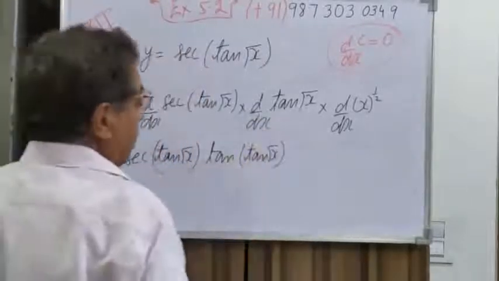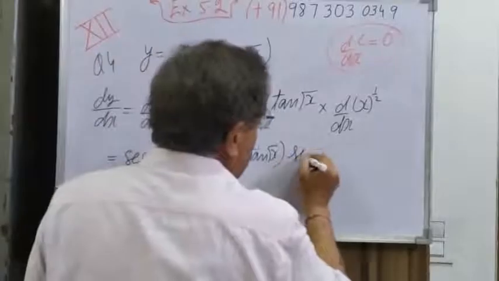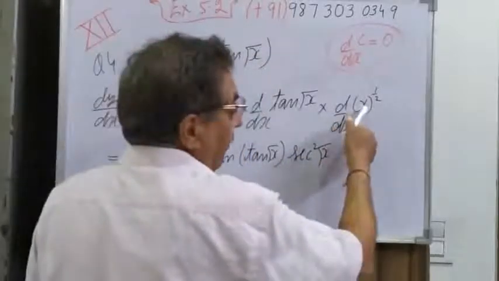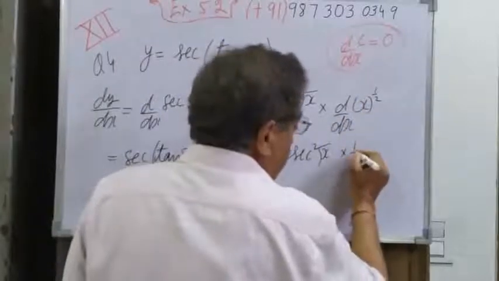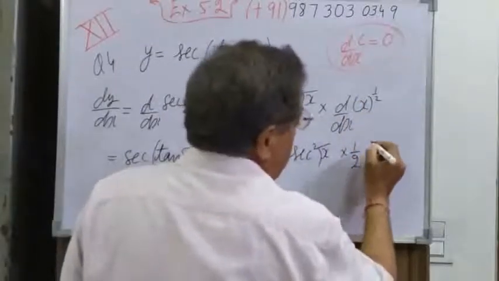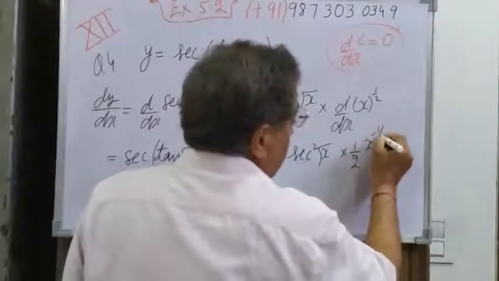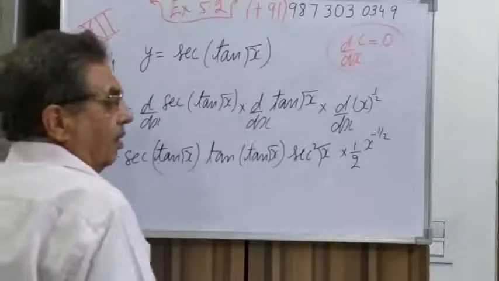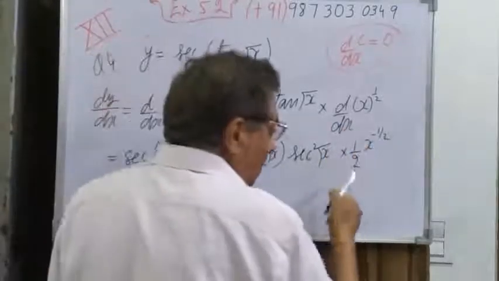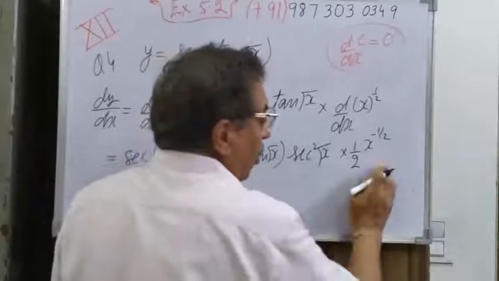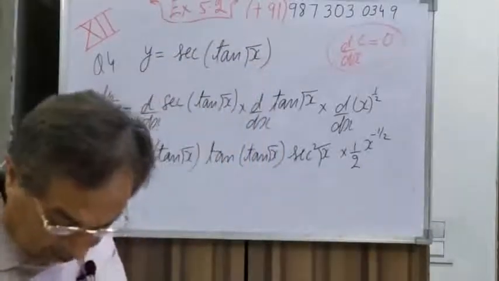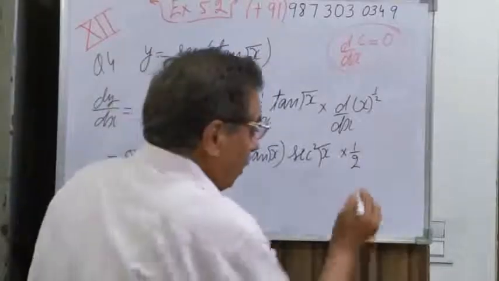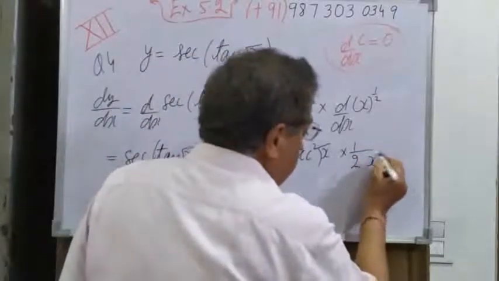Then the derivative of tan x is secant square root x, and then the derivative of x^(1/2) is 1 by 2 x raised to power minus 1 by 2. So this is the answer. Or straightaway, if we make the power positive, the x comes in the denominator, so this is our root x.